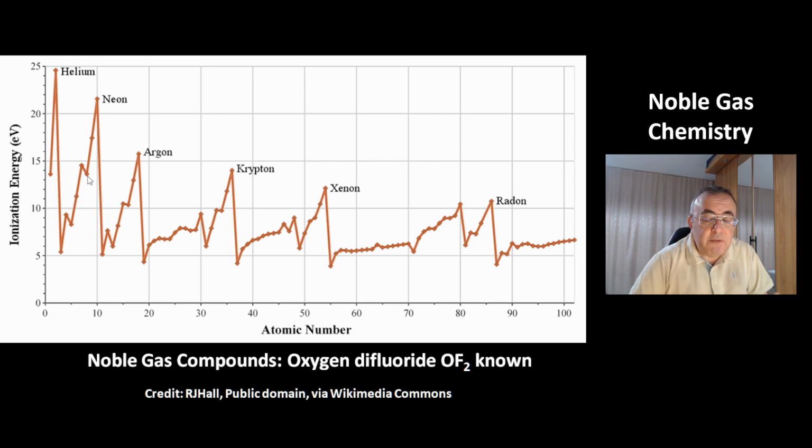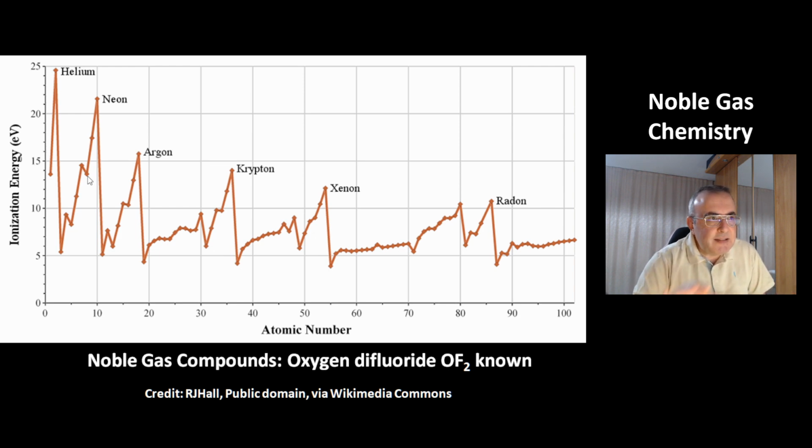So obviously fluorine is the best reaction partner for making compounds because it has the highest electronegativity, about 4.0 on the Pauling scale. And if you want to make compounds with fluorine, which of these noble gases should you pick?